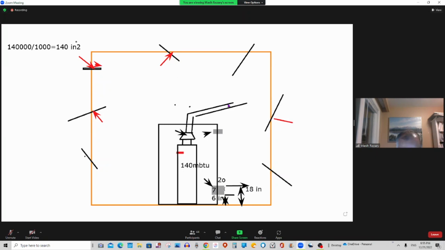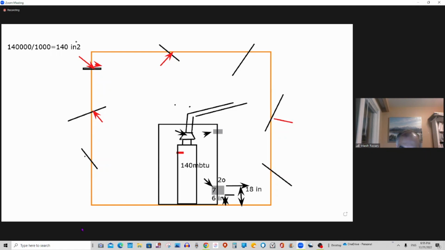Since this is a loose house and an enclosure, we go to the special case 8.2.6. In 8.2.6, we add all those appliance BTUs together, divide by 1,000. Whatever you get is the square inch opening.